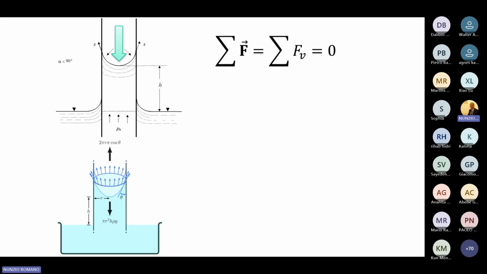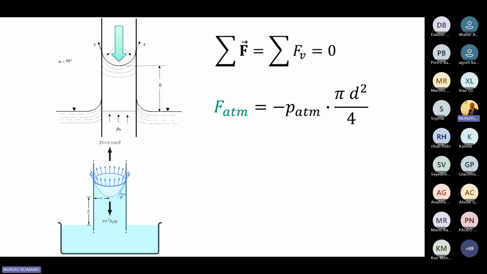If we know the atmospheric pressure P atm, the force is equal to the pressure multiplied by the surface, because I remind you that pressure is force over an area, and the area is the spherical shell, so it is pi d square over 4.